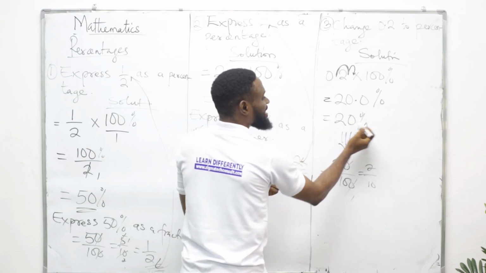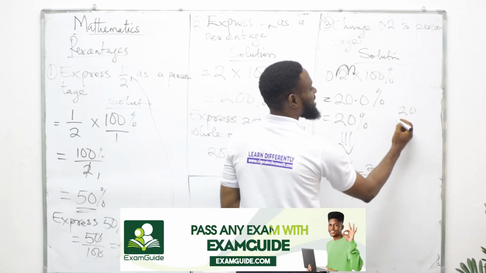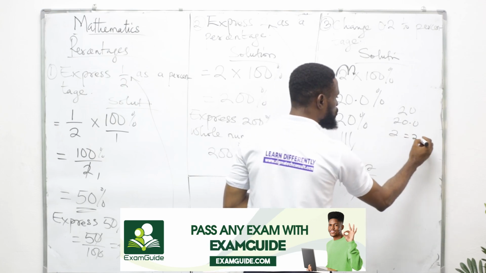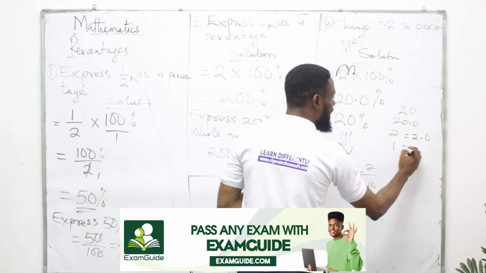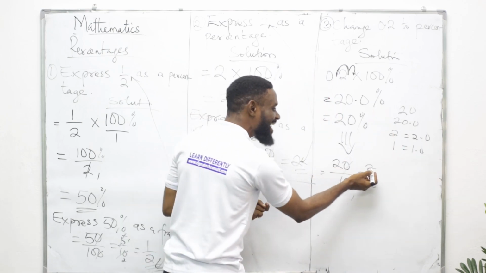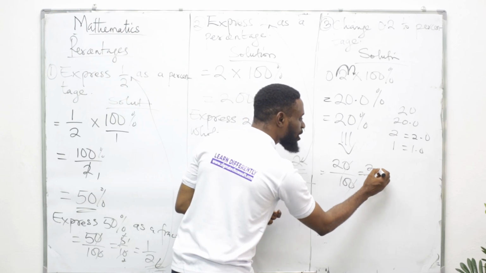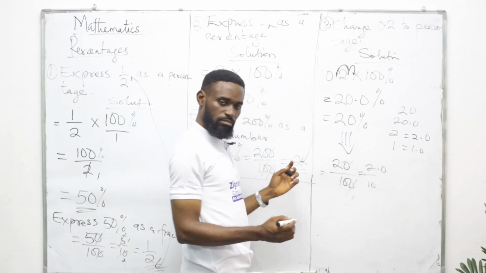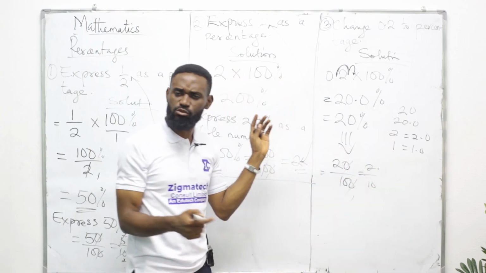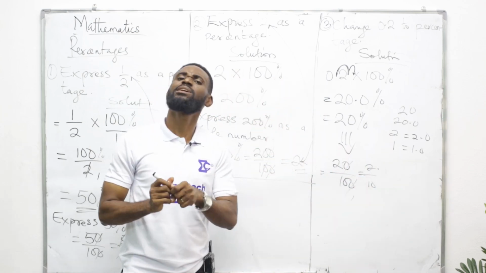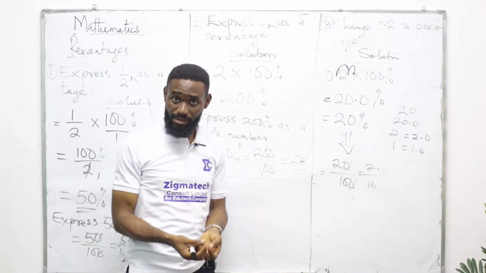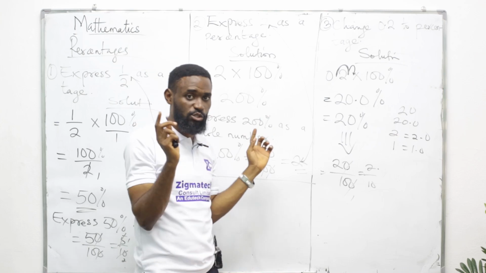Just like we have 20, 20 can be written as 20.0. 2 can be written as 2.0. 1 can be written as 1.0, and so on. So it means that here, after this 2, there is a point, and then 0. So there is a decimal point after 2. But it is 0.0, and we don't write that 0.0 because it means nothing. Do you understand me now? It is also the same thing as writing 2 on its own.